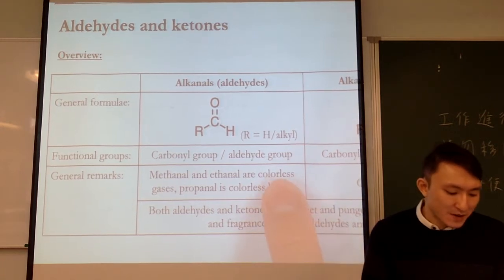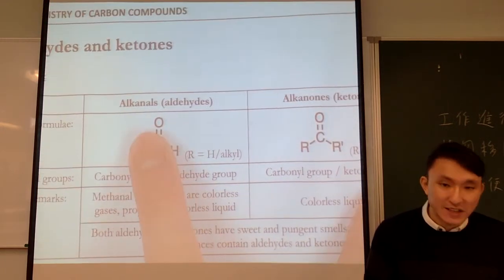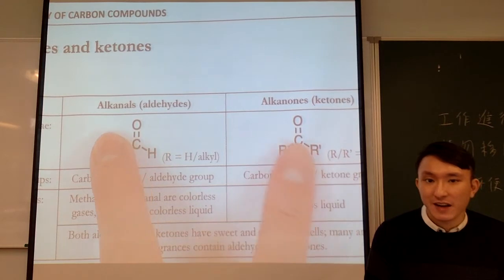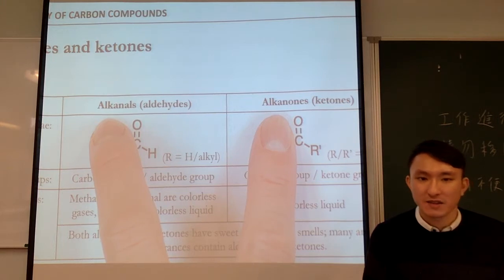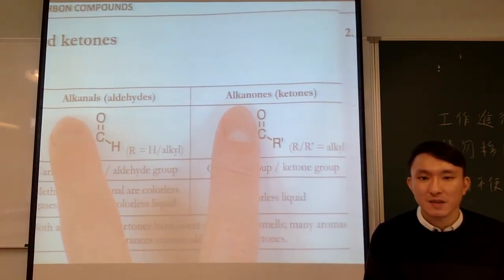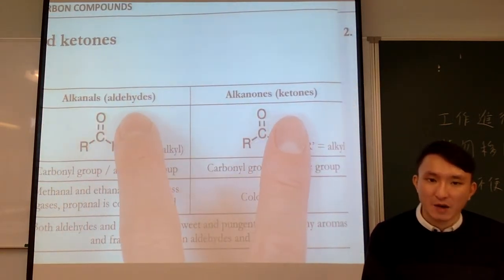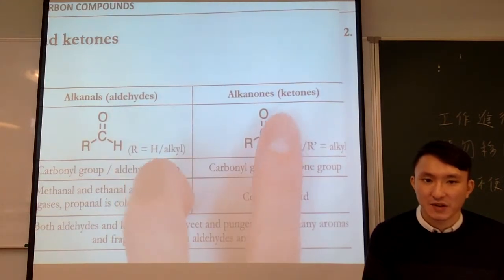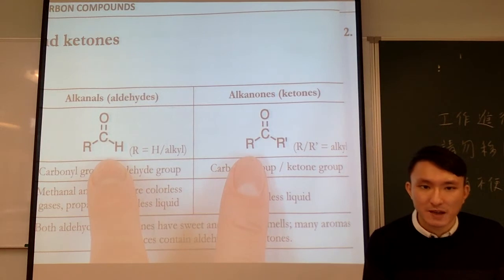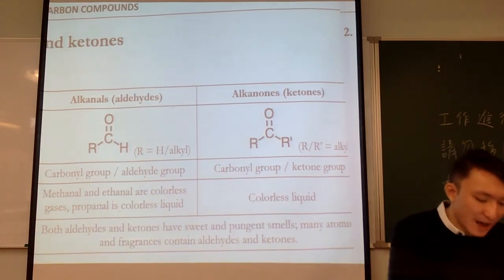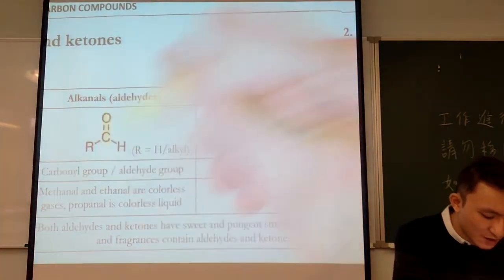Now, here we have alkanals and alkanones. These are the most traditional way of naming the homologous series, but in DSE we will usually go for aldehydes and ketones. You notice they are very similar because they both have this C=O double bond.